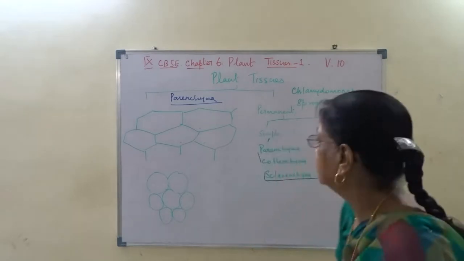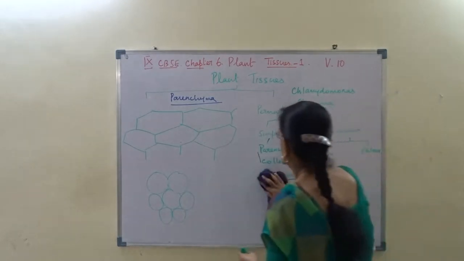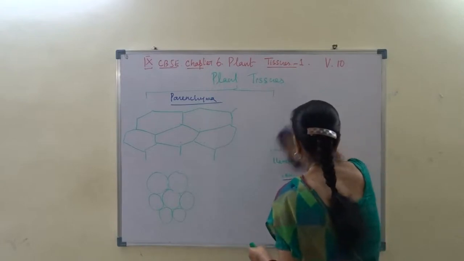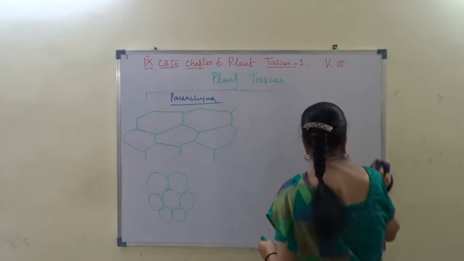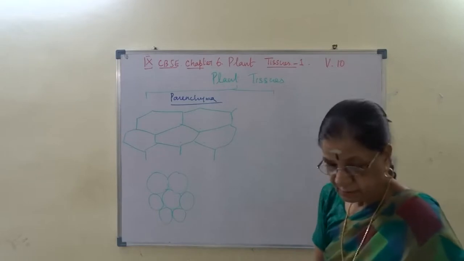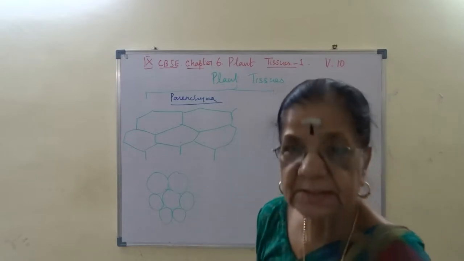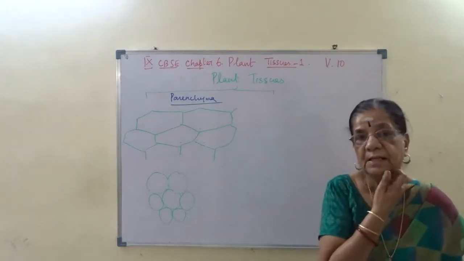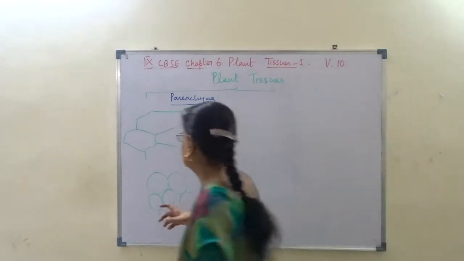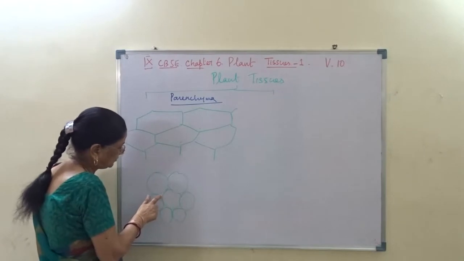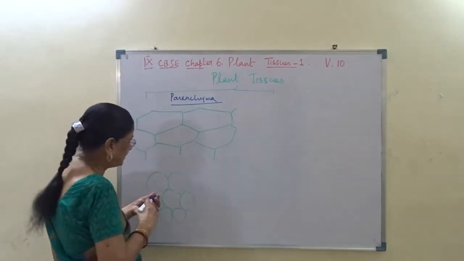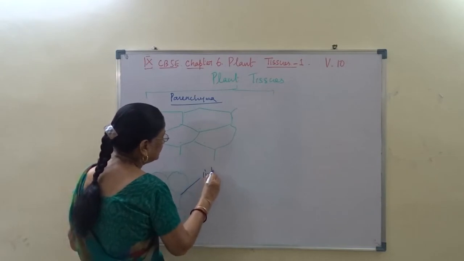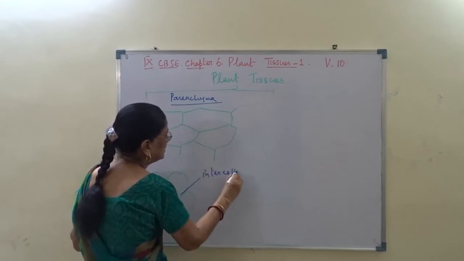The cells are thin-walled, with cytoplasm, nucleus and vacuole present, and there will be intercellular spaces. Can you see this space? These are all intercellular spaces, the space in between two cells.